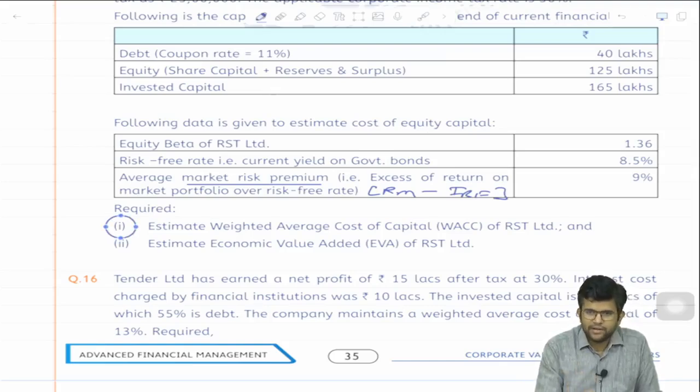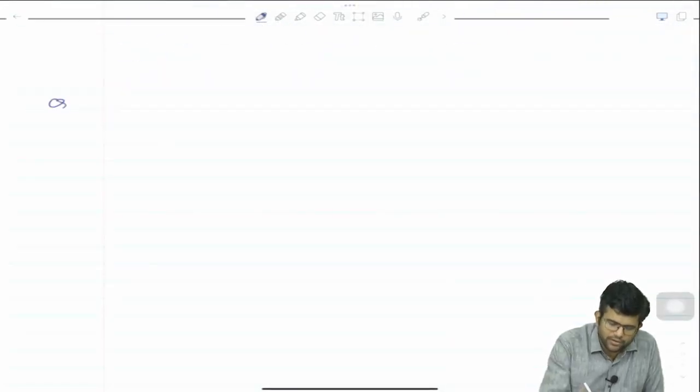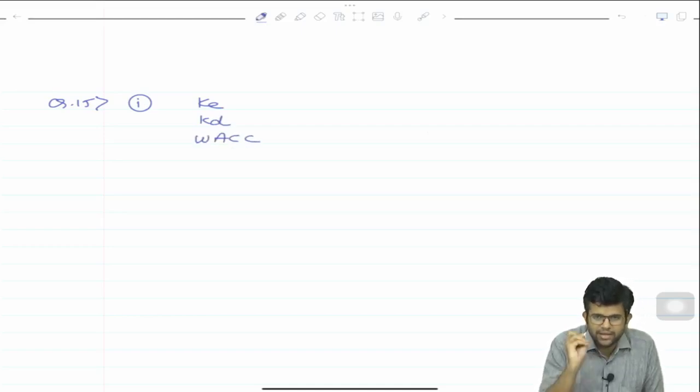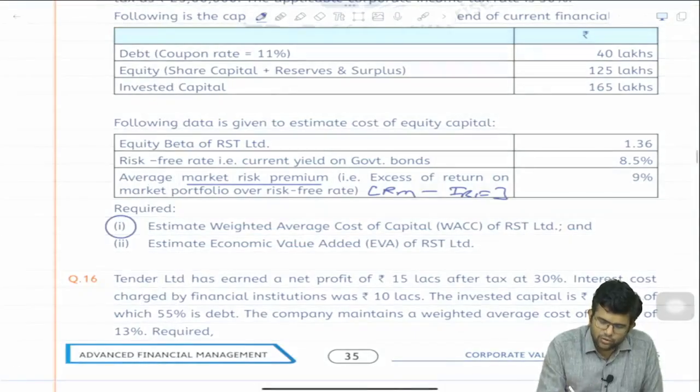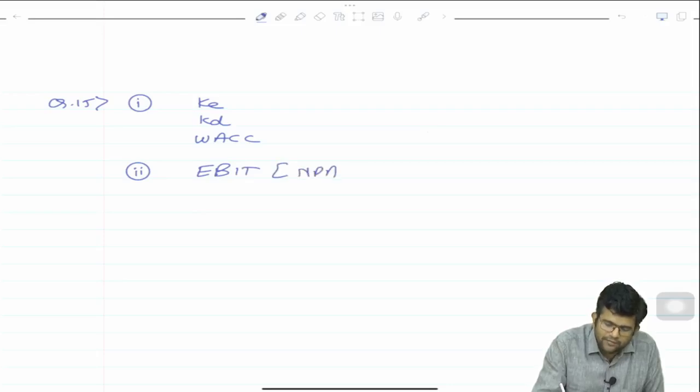Students, wait. I am giving you a full blown task. Listen carefully. Do exactly as I ask. First calculate KE, then calculate KD, then calculate WACC. And then they are asking you to calculate EVA. For point number 2, first calculate EBIT by going reverse from NPAT.